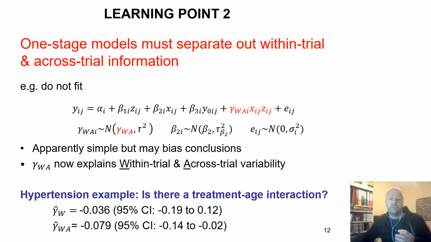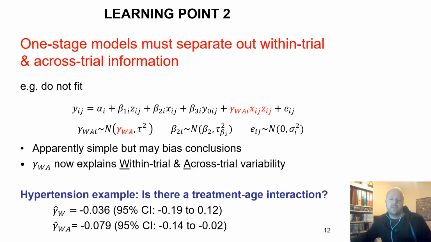And by across trial information, I mean at the meta-regression level, essentially, the relationship across studies. And this leads to bias. For example, here at the bottom, I've got the hypertension example again, but now looking at an interaction with age. When you allow there to be cross-trial information involved, you get an effect size that's about twice the size as the one based on within trial information alone, and the statistical significance is changed dramatically.